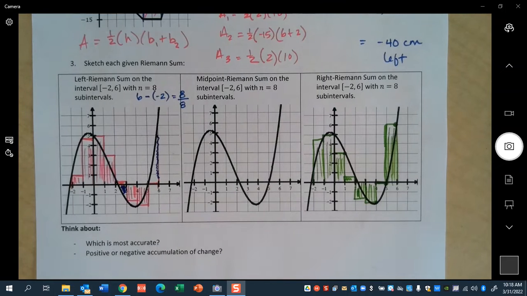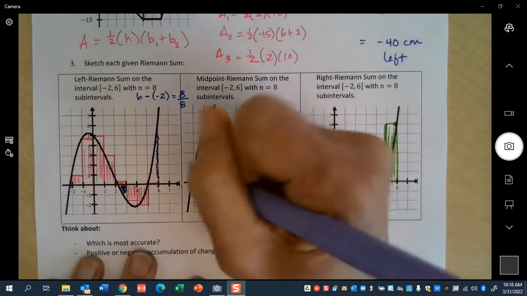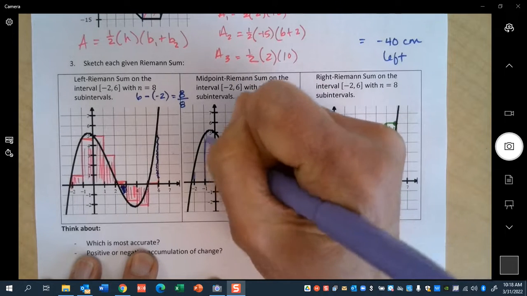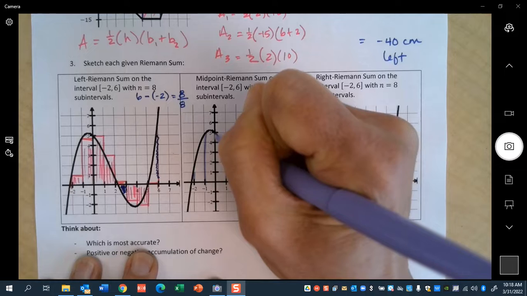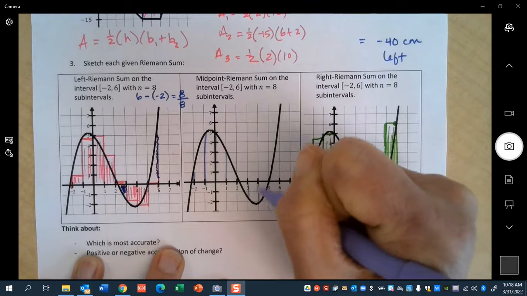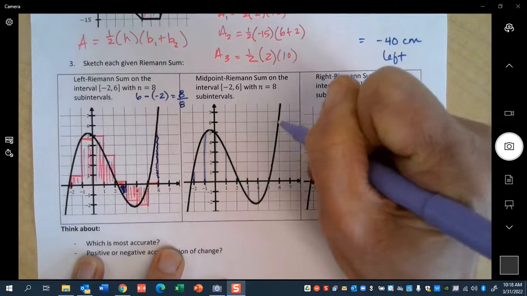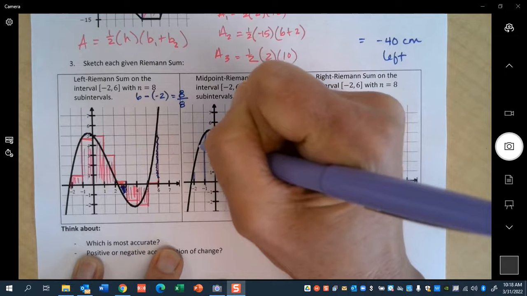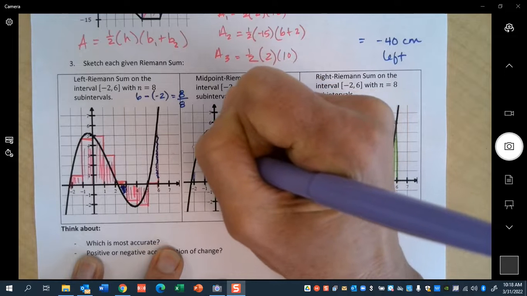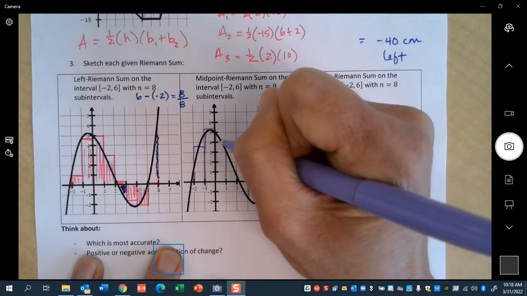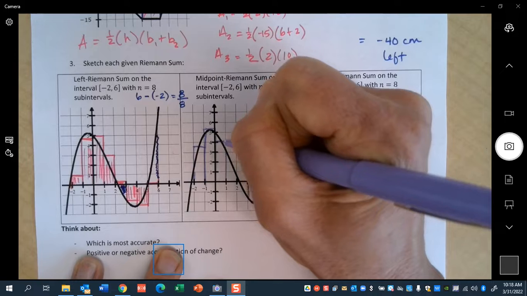Our midpoint sum, I think, is a little bit easier. So I'm going to draw my vertical lines. And then what I'm going to do is, in between each line, I'm going to connect my boxes where it looks like the graph hits in the middle.